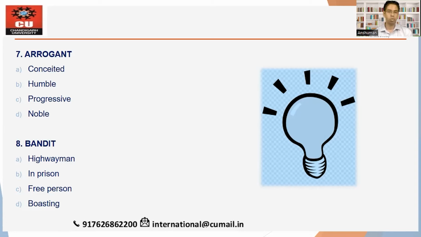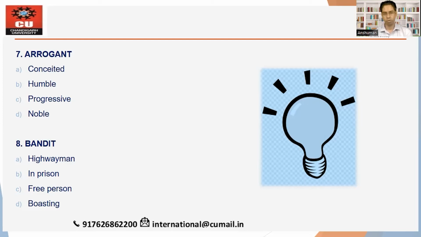Let us move ahead and see the answer of question number 8. Question number 8 talks about the word bandit. Now, bandit means a group of thieves who, using different arms, perform an act of robbery.